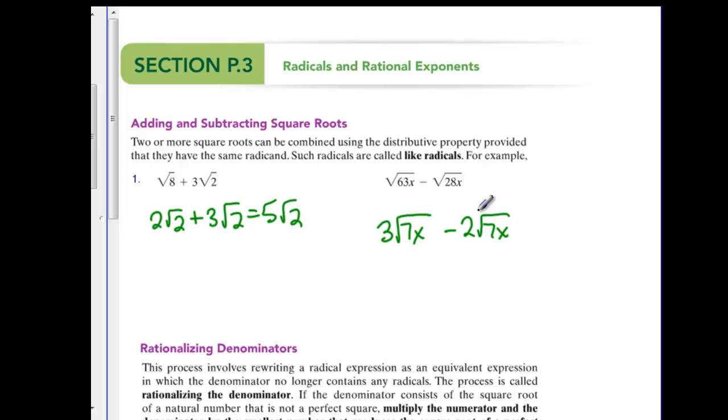So now we have matching radicals. So now we've got the 3 square root of 7x minus 2 square root of 7x, which is going to leave us with 1 square root of 7x that we're just going to write square root 7x. Same idea as whenever we have 1x, we just write x. Same's true here. Instead of writing 1 square root of 7x, we're just going to write square root of 7x.